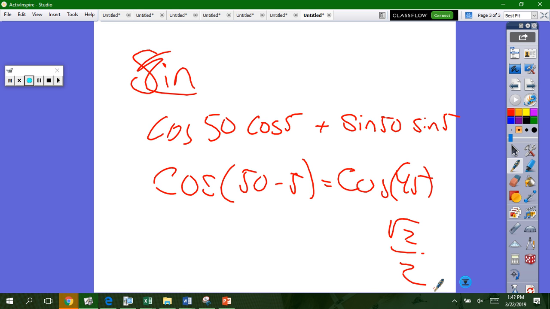I always reverse it. Cosine times cosine plus sine times sine is minus. Notice, I gave you the problem, and you use the formula backwards. See how the cosine and cosine is plus, sine and sine is minus.